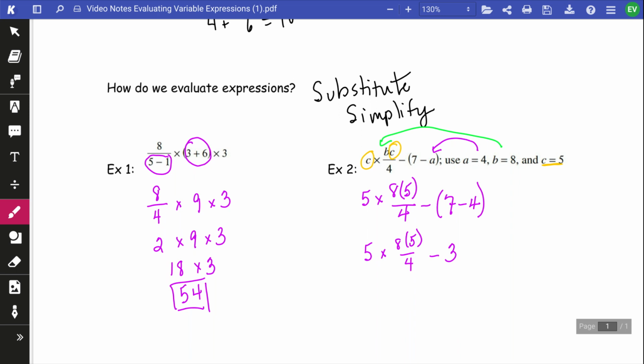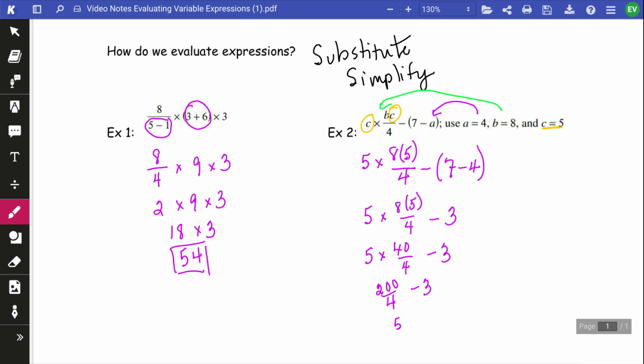So the next thing, we have a grouping symbol. That's our division sign. So 5 times 40 divided by 4 minus 3. Multiplication actually comes first, but we can, because we're going to do something and then undo it, and I'll show you that, we can either do 5 times 40, which is 200 divided by 4 minus 3, or 200 divided by 4 is 50 minus 3, which is 47.